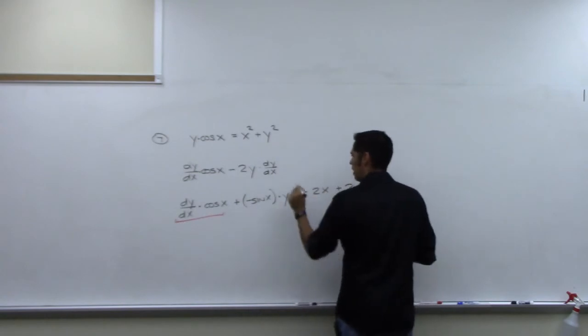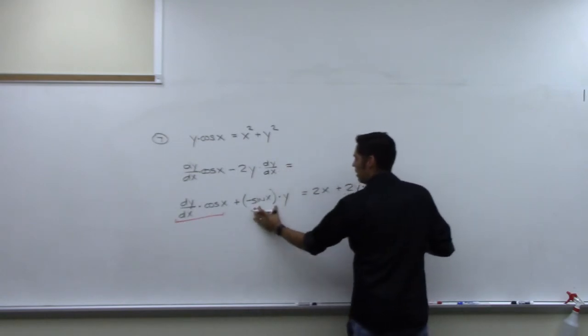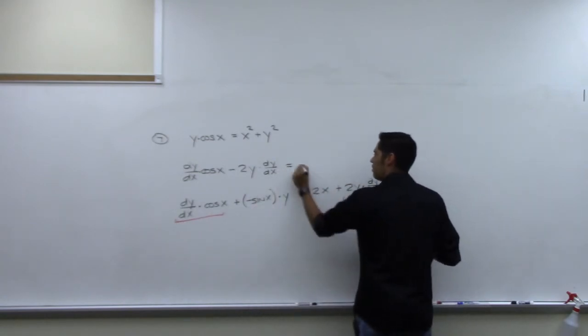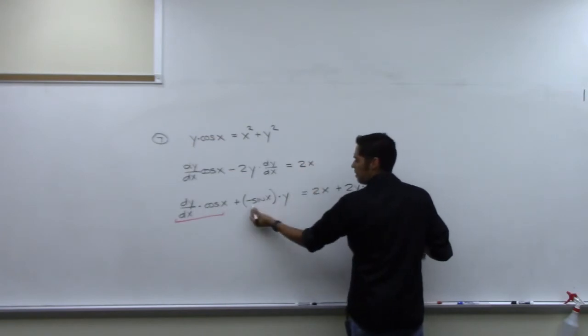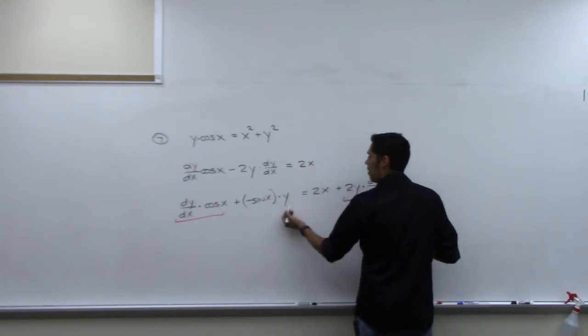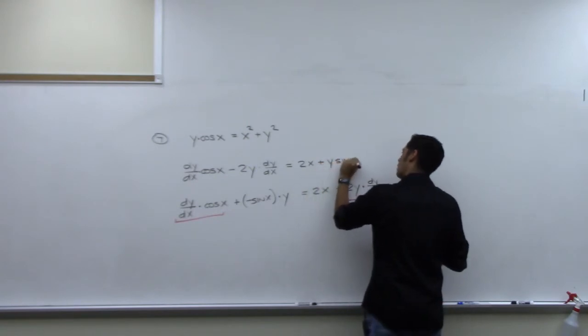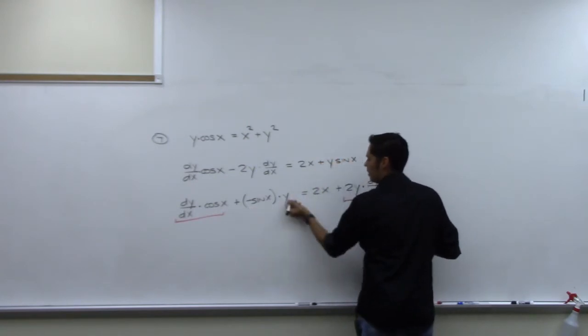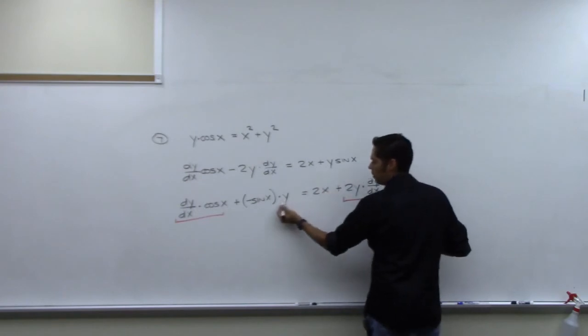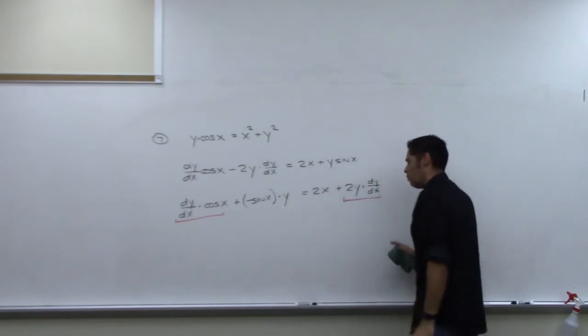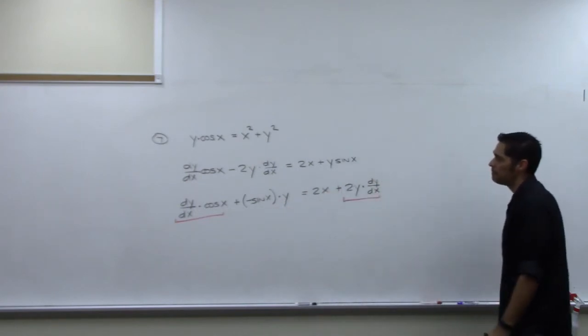And that's everything on the left side. Now this term needs to come to the right side. So I already have a 2x here. And since it's a minus, when it comes to the right, it's going to be a plus. So I'm going to say plus y sine x. And I just put this y out in front because I didn't want to make it confusing and have you think that the y and the x are together inside the sine.